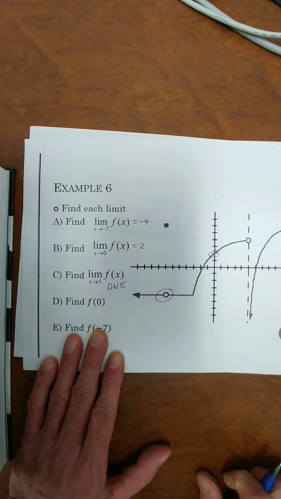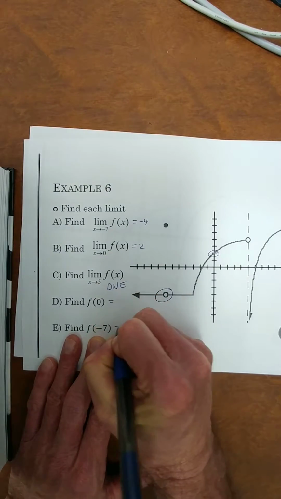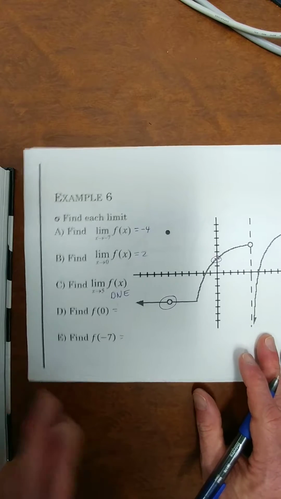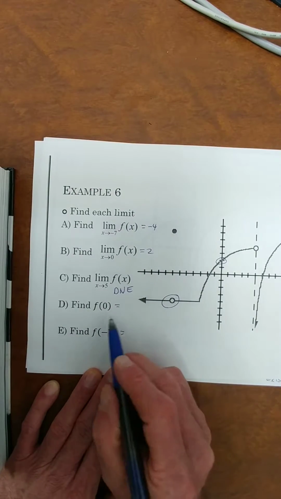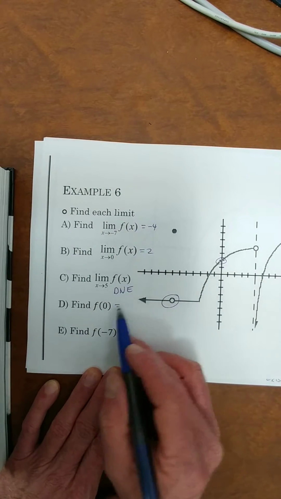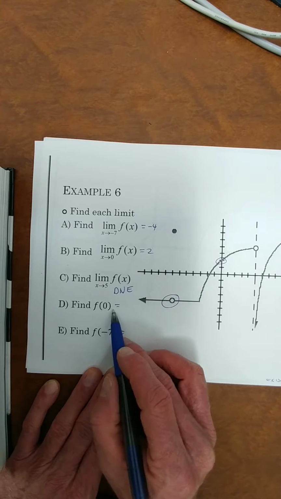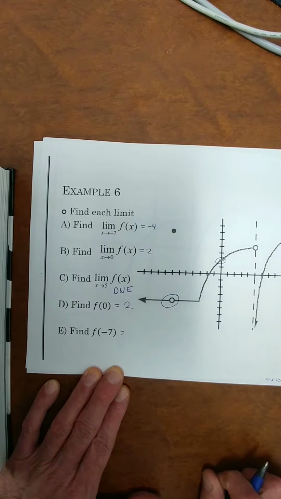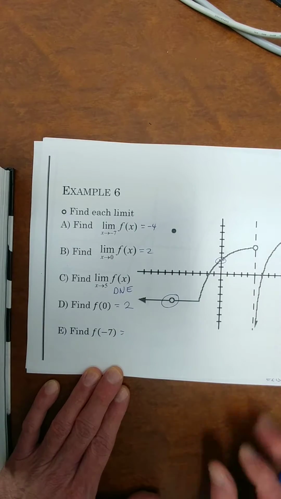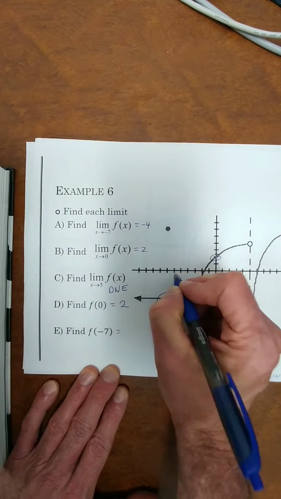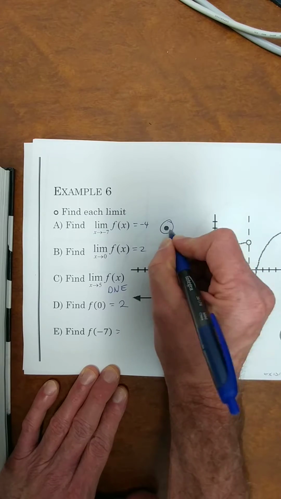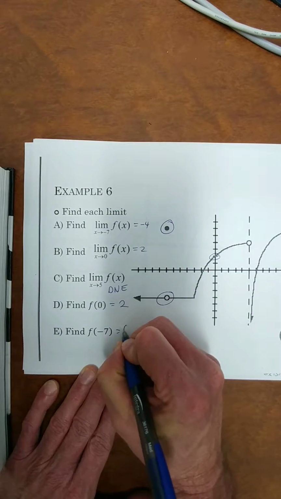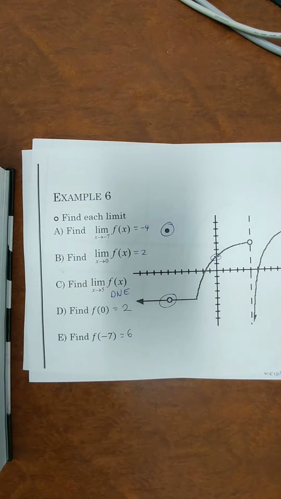I'll put D and E. To complete parts D and E, the function value at 0 is just going to be 2. And at -7, it's actually going to be the point, which is 1, 2, 3, 4, 5, 6. So f of -7 is 6.